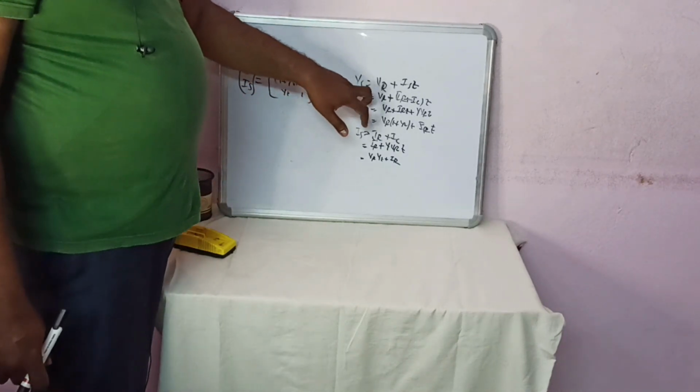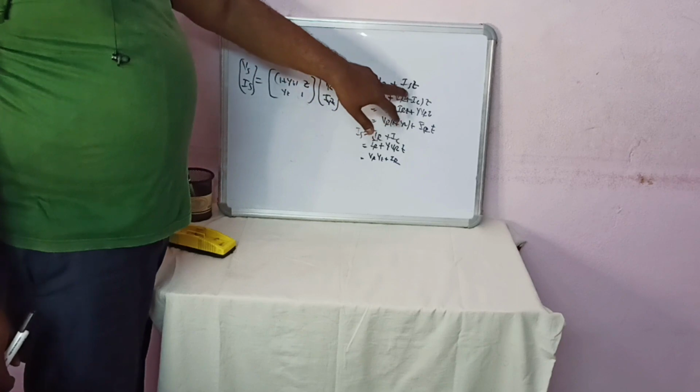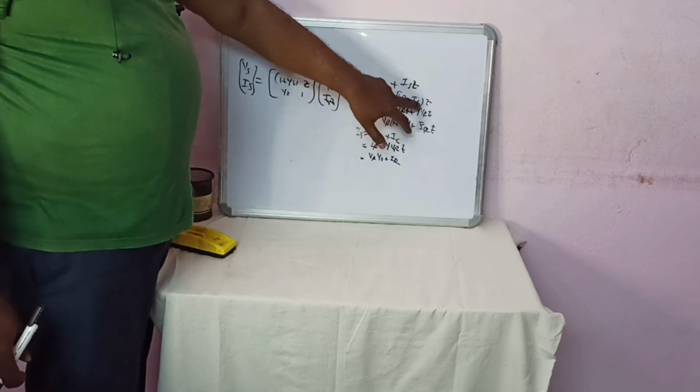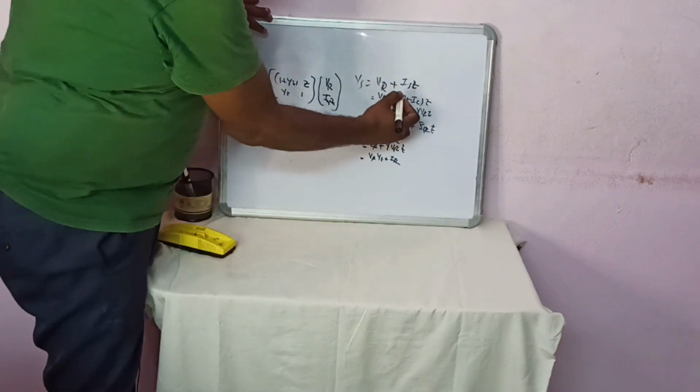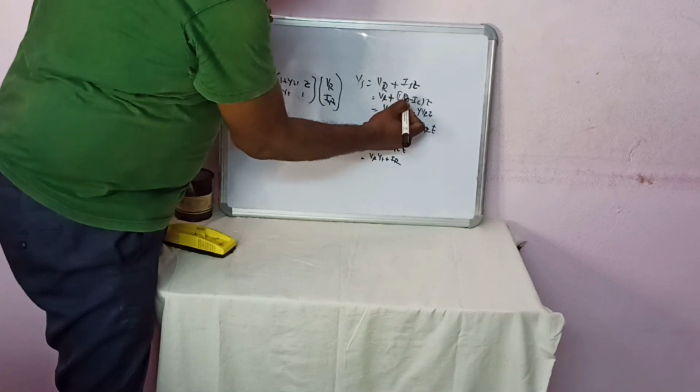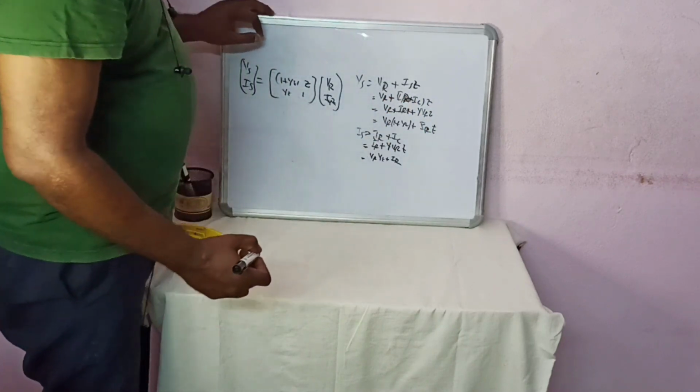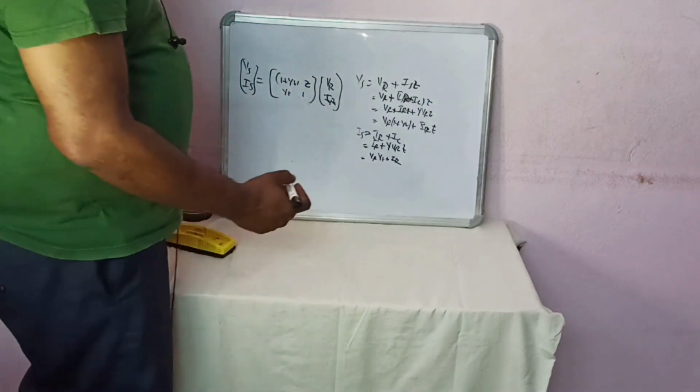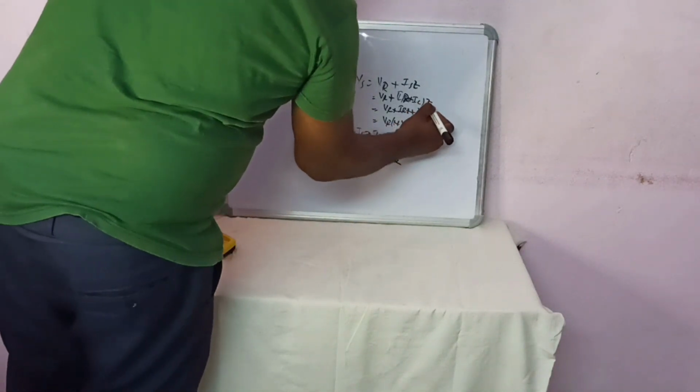Vr plus Is can be written as IR plus IC, since IR plus IC can be taken as my Is. So IR plus IC into impedance Z.